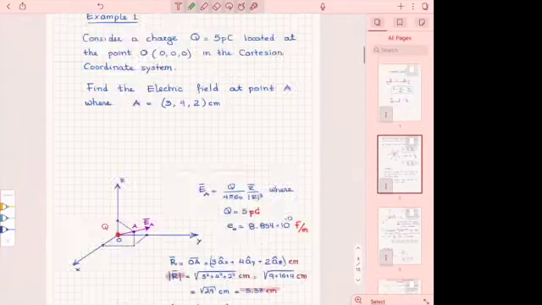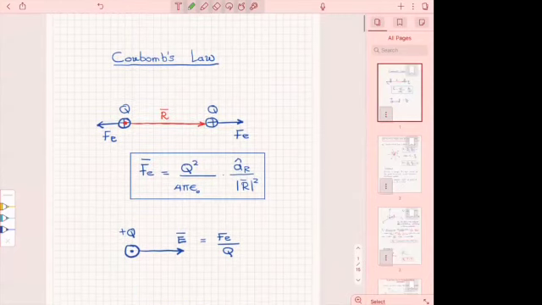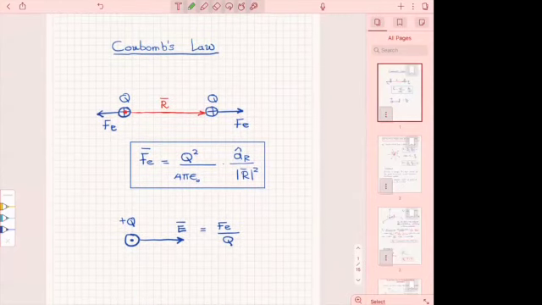This is what I covered with other classes, and you're going to see it also here. But I just wanted to remind you of what Coulomb's law is. Coulomb's law is the one that gives us the force when we have two charges. In this particular case, I had two positive charges, identical, and then I wrote the electrostatic force that is exerted on each charge, and I put here the formula for it.